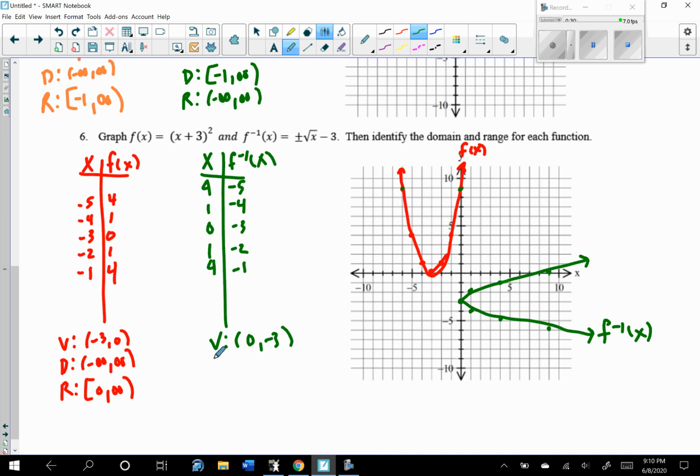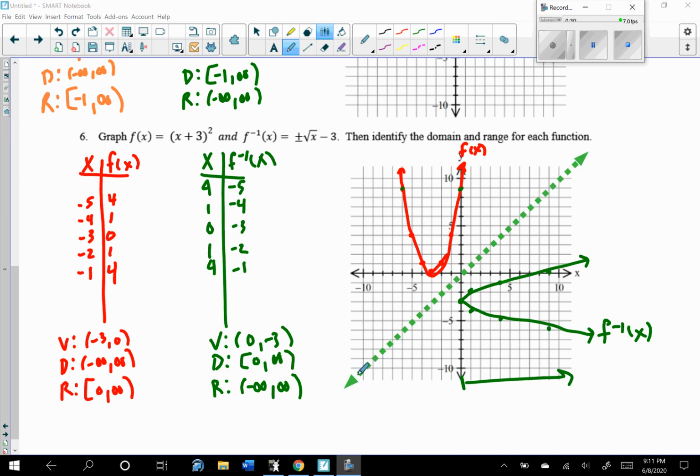And remember that the range becomes the domain. So bracket 0 to infinity, which you can see on your graph, starts here at 0 and goes this way to infinity. And then the range is all real numbers, so negative infinity to infinity. Make sure you're using your interval notation.